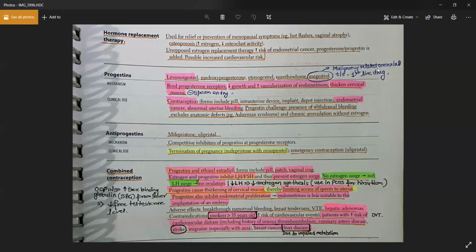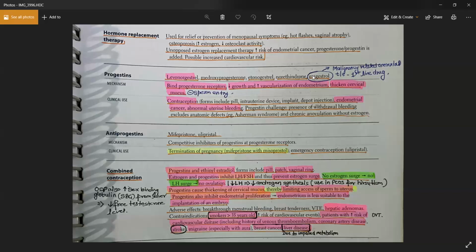Whenever you become ill, whenever you have some kind of inflammation, you develop a hatred for food, right? So to prevent this condition, you will give the patient megestrol to treat malignancy-related anorexia, where the patient does not want to eat. So to make them eat the food, megestrol.